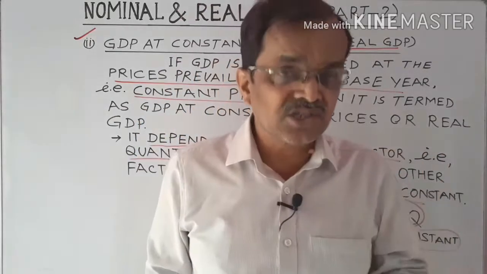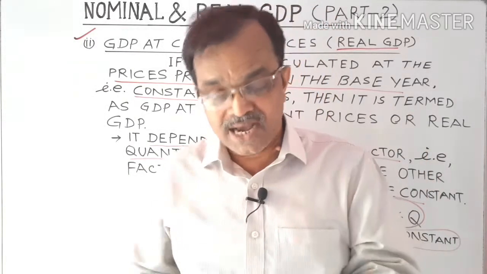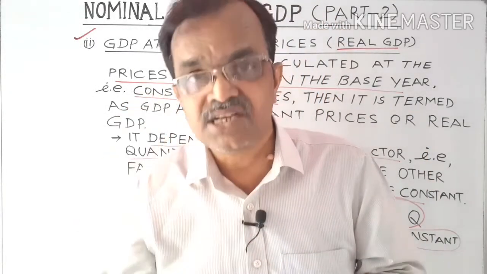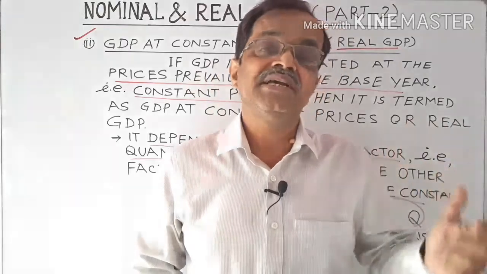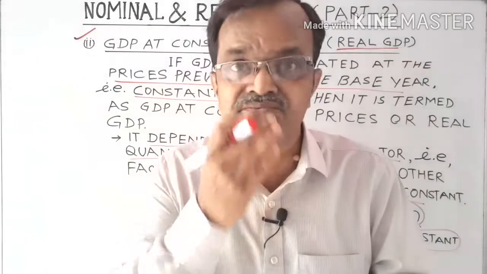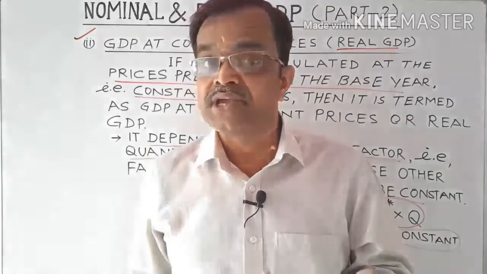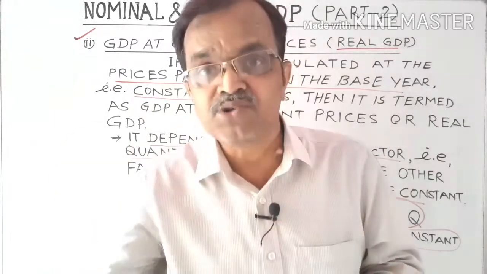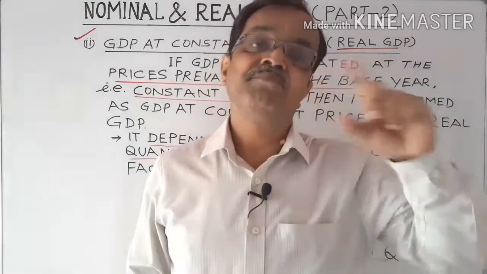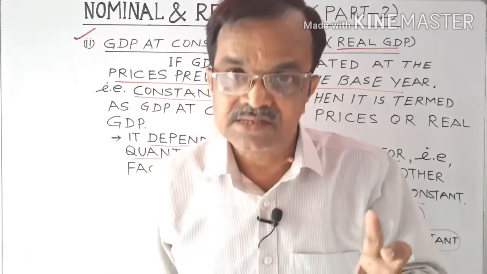Thus we can say, if GDP increases due to the increase in quantity of output alone, price remaining constant, then it is termed a real increase in GDP without any money illusion, and this confirms that there is a process of growth in the economy, meaning the economy has moved on the path of growth compared to the previous years.